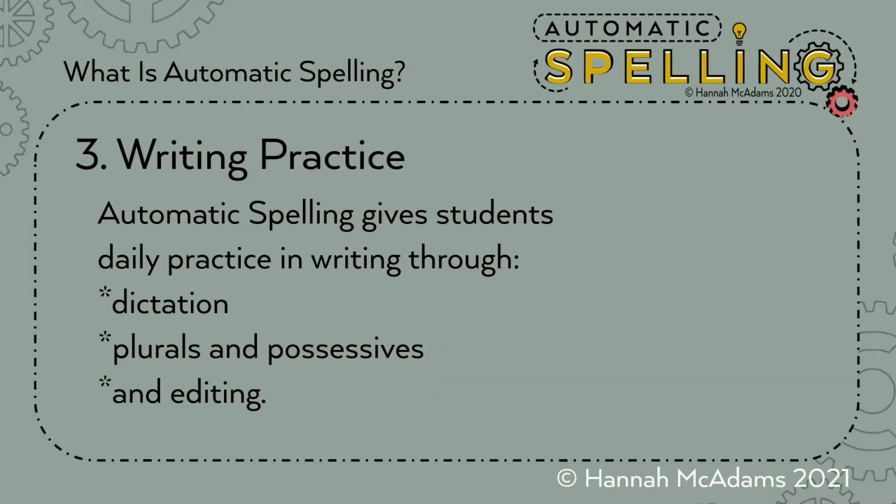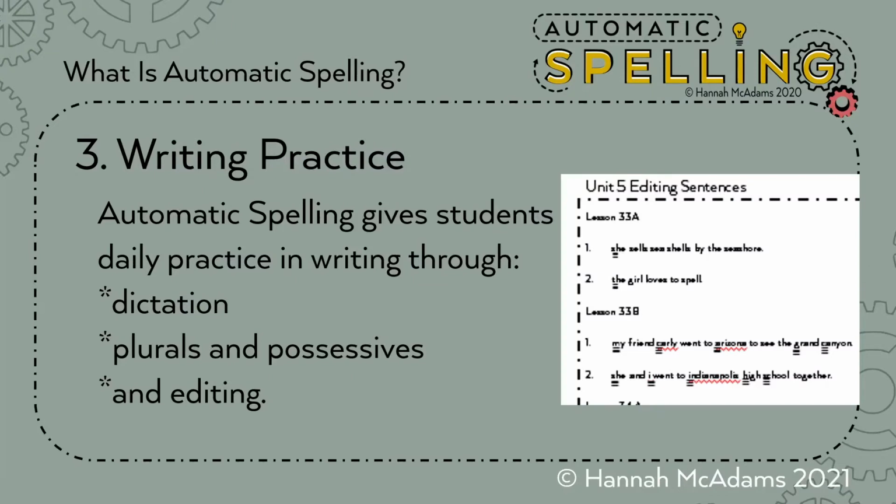And then editing. So at the end, and I know this is kind of blurry, but at the end of the program in units 5 and 6, we have a daily editing program. And so we work on just learning how to use the editing marks and when to capitalize, when to put a period at the end of a sentence, things like that.